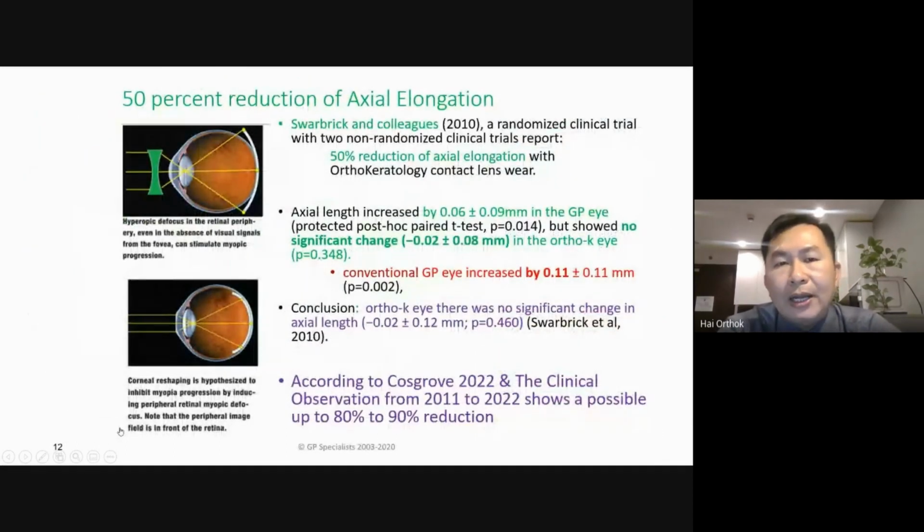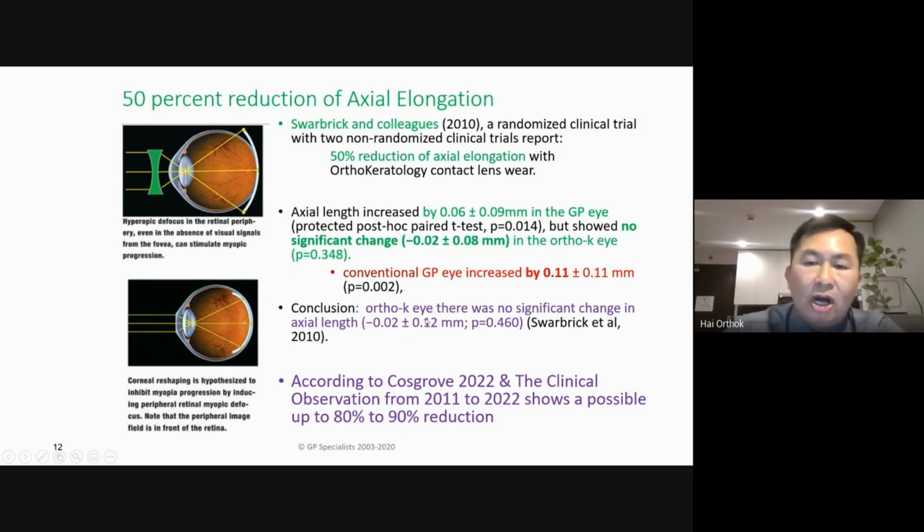the reason why Ortho-K controls myopia. You can see Walline and CRT research indicate that when a patient wears the conventional GP lens, there is peripheral defocus, and this defocus causes elongation of the axial length. When we use Ortho-K, it helps the light focus correctly on the central and peripheral retina.